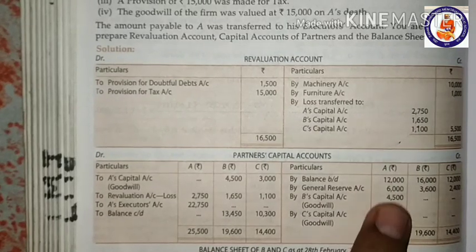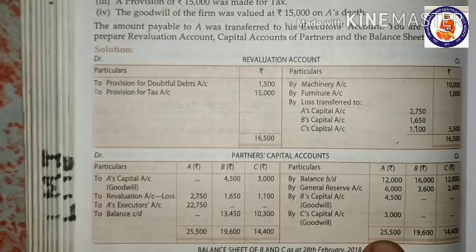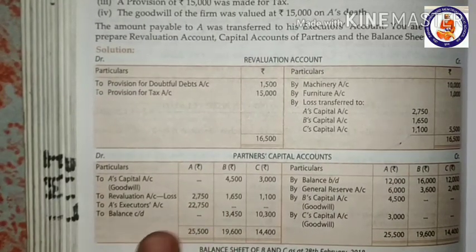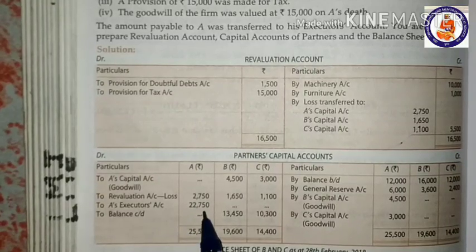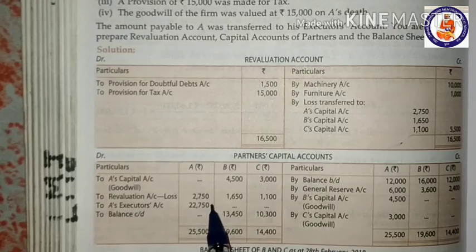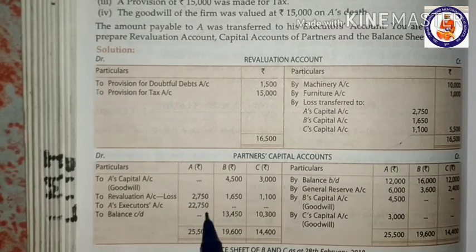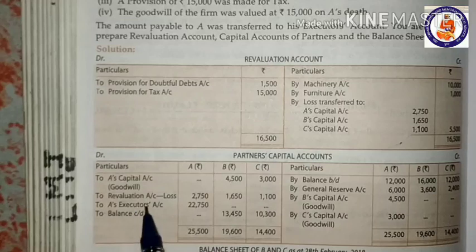Then we will find out the amount to be paid to him. A is retiring, so we add up the credits and deduct the debit amounts. Then the balance comes to 22,750. That amount is to be paid to him. He doesn't exist, so his executor will receive it. This will be credited to A's executor account.